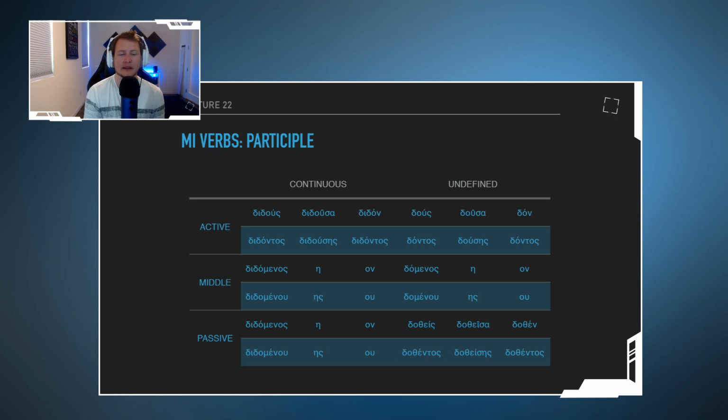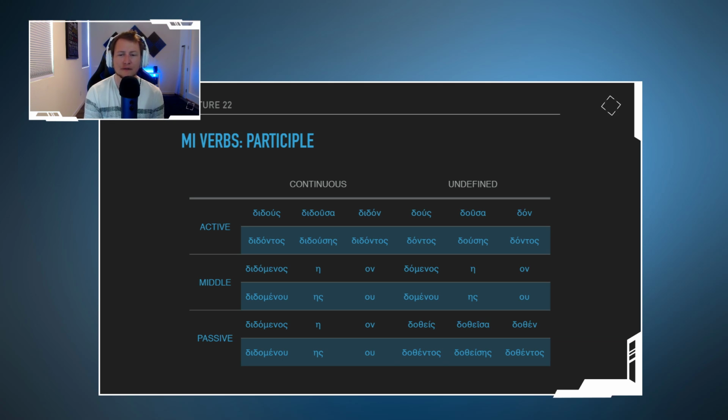Okay, and then it's not. This is second declension in the masculine and neuter, not third declension, and it's first declension in the feminine. So it's didomenou in the genitive for both the masculine and neuter. The passive follows the same rules in the continuous, so it's identical to the middle.